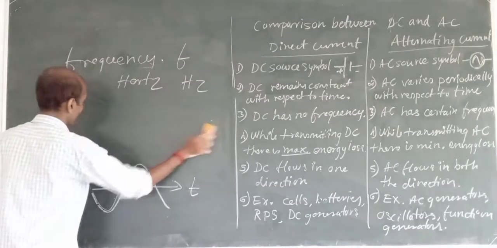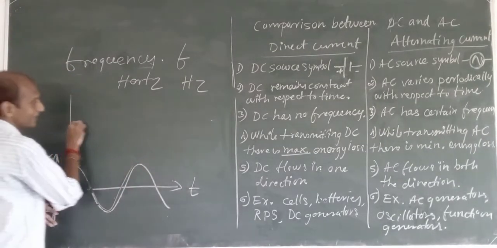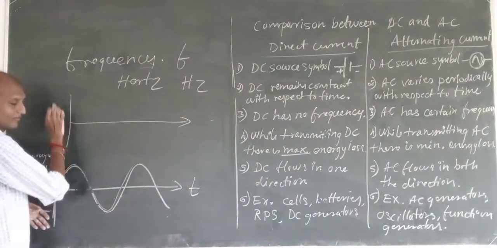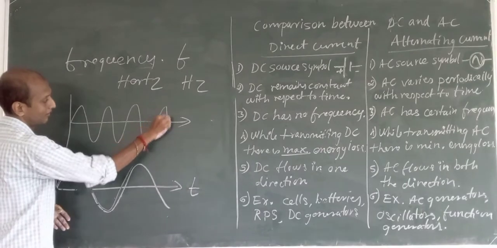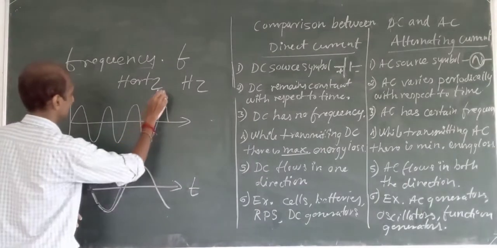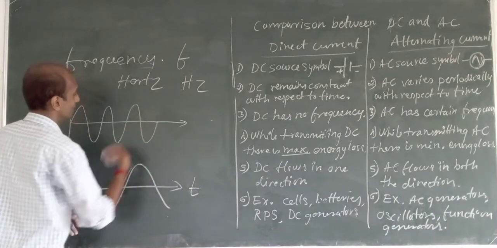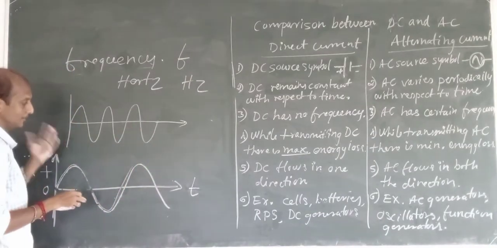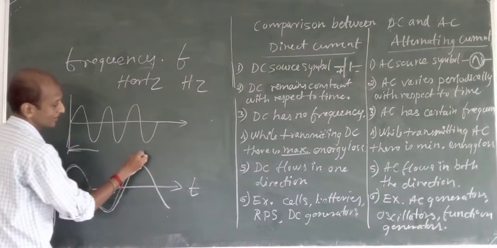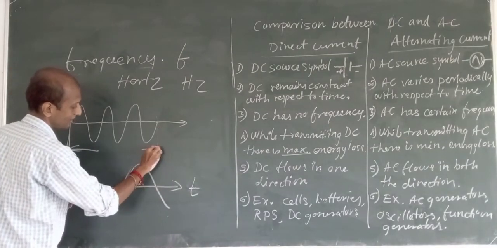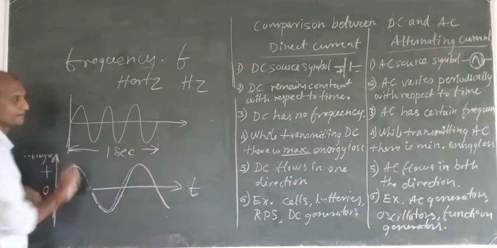Now let me make an example for an alternating quantity. Let me take this duration up to here, and say this is 1 second of time.